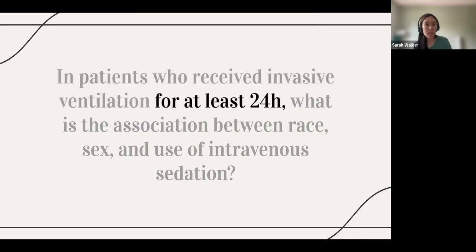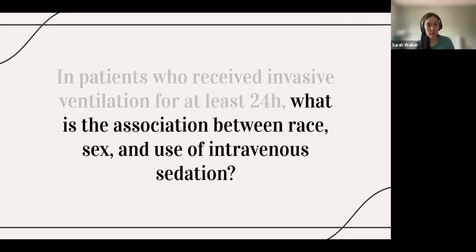We want to make sure that they're receiving invasive ventilation for at least 24 hours because some patients can be intubated in the ICU and extubated very quickly. So there's not a lot of data for these patients and it wouldn't be super descriptive or helpful in the long term. Then we have our research question, the association between race, sex, and use of intravenous sedation.